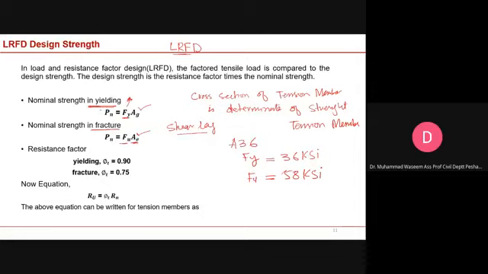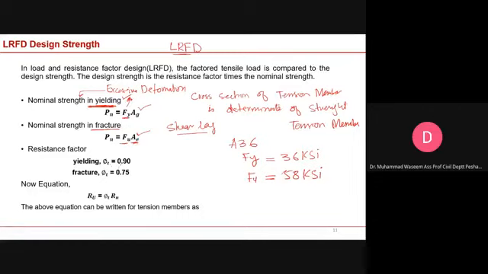Once the stresses have crossed the yield stress and go into the non-linear range, you have all of a sudden very high deformation in your member. So in order to take care of excessive deformation, we limit the stresses in our member not to reach yield. This is for excessive deformation and this is for fracture.